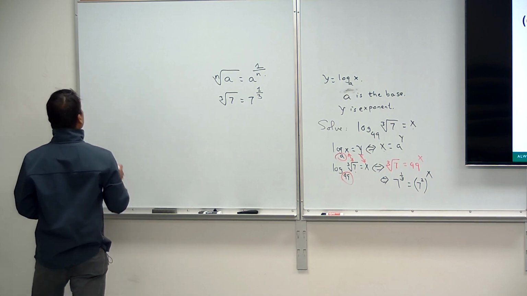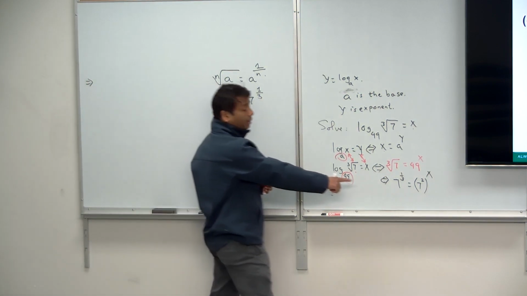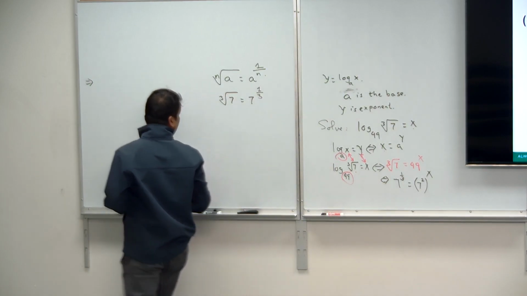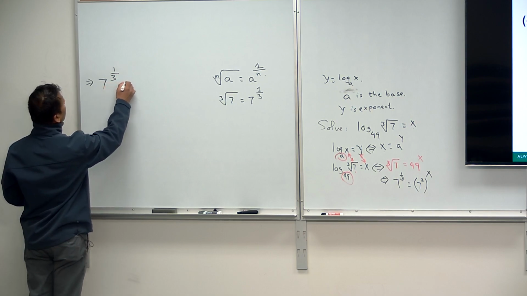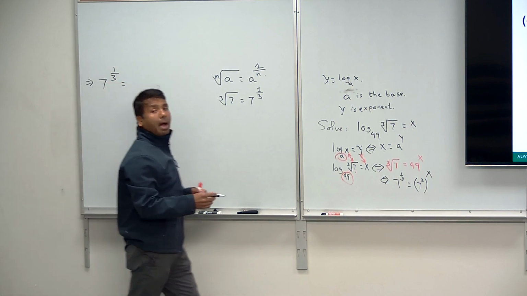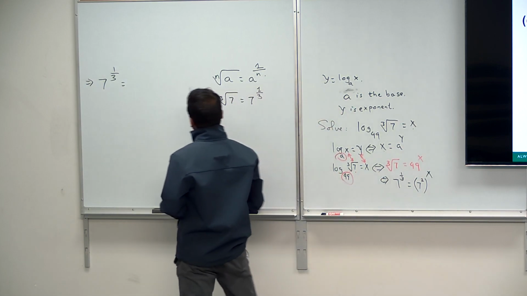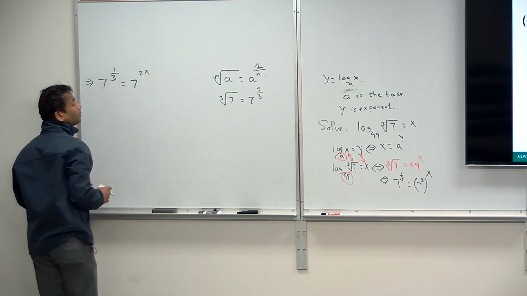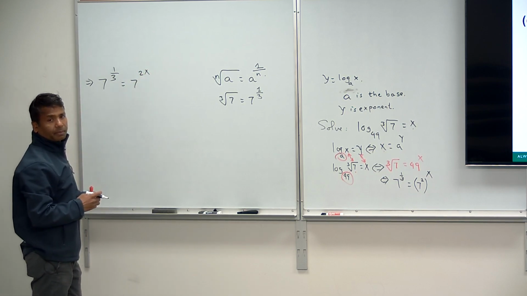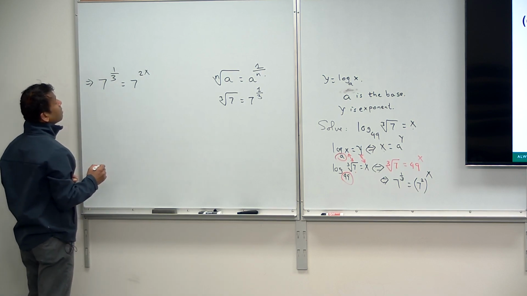So now what do we have? We have 7 to the power 1 over 3 equals, and you see here the power is raised by a power again, so you multiply them. So that will be 7 to the power 2x. Makes sense.